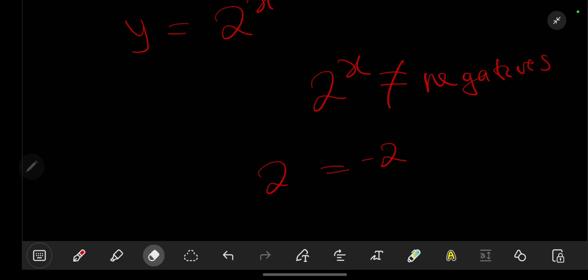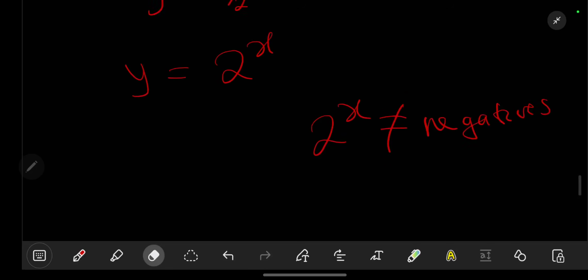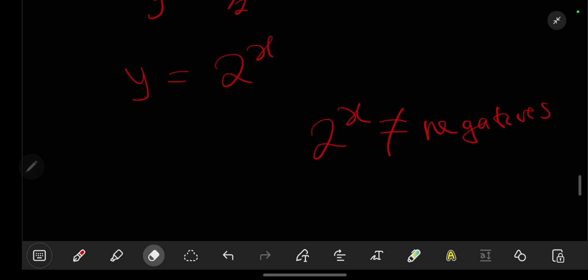Whether you put 1, it will give you positive 2 as the answer. If you put negative 1, the answer will be 1 over 2. Whichever value you put there, it is still going to give you a positive. So 2 to the power x or any exponent can never be equal to a negative number.